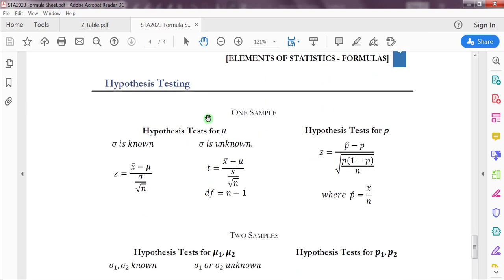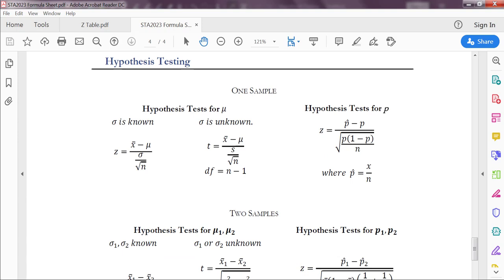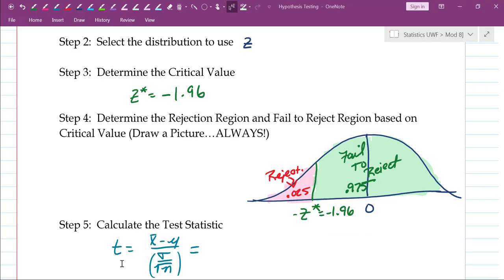One sample, that's what we're dealing with right now. Sigma is known. Here is our test statistic right here, okay? So that is where that is going to be known. Alrighty. So coming back over here, let's plug this in the calculator. We'll write down our values first.